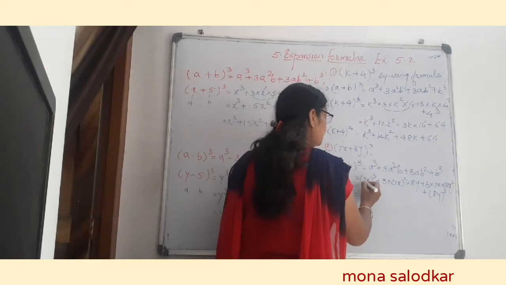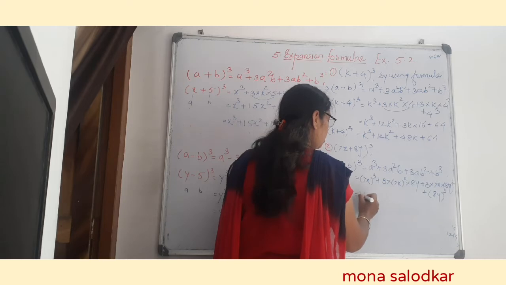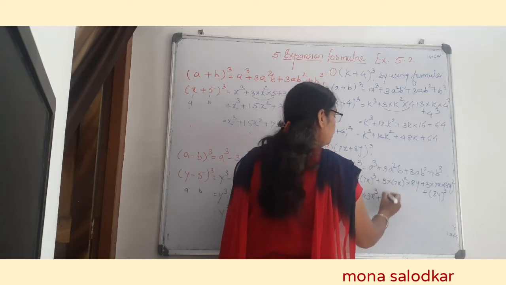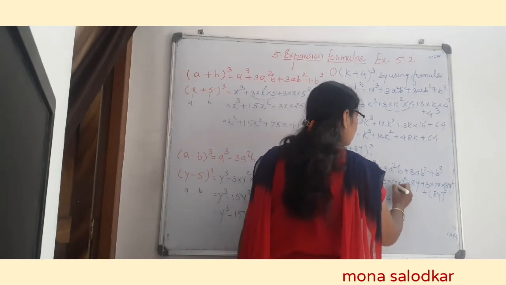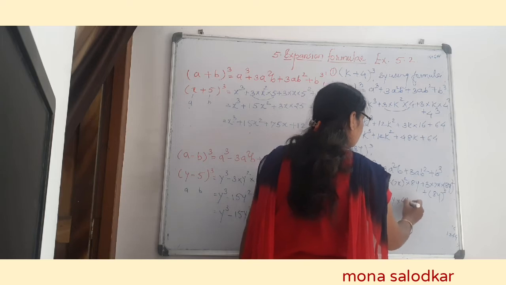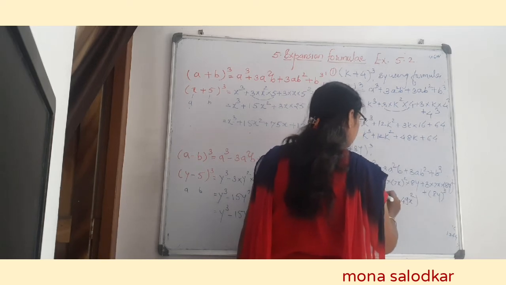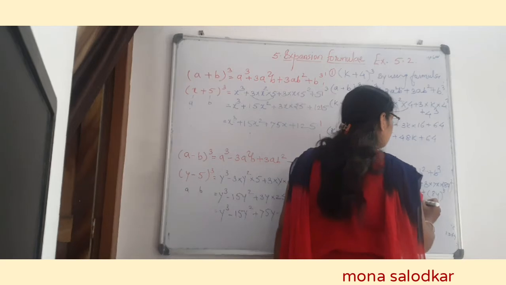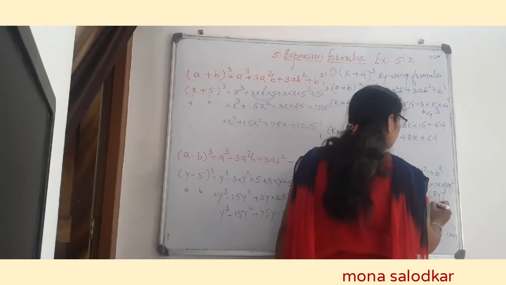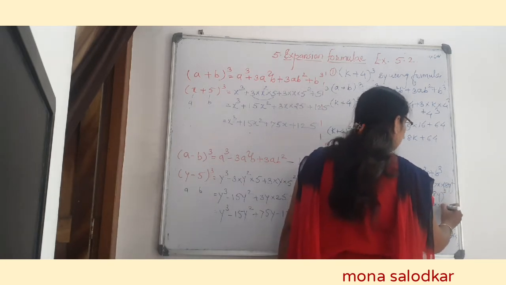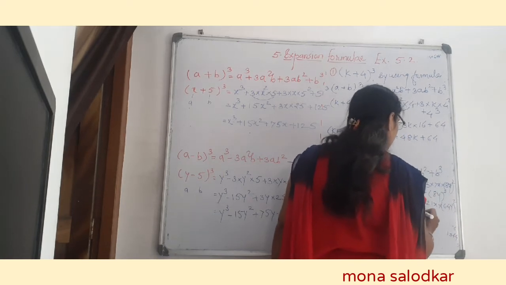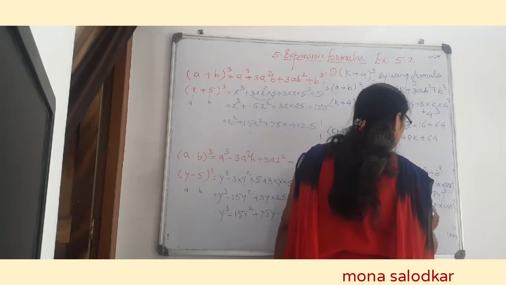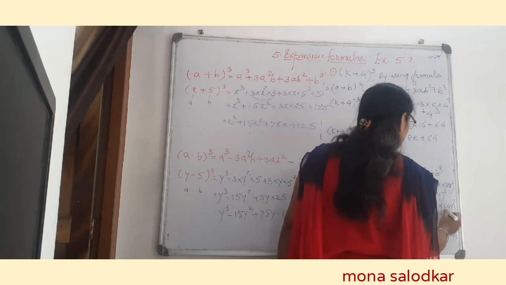Now open the brackets. Now 7 cube is 343. And what is x cube? x cube. Here 3 8s are 24y. And what is (7x) square? 49x square. It is your second bracket. Now third, 7 3s are 21x. (8y) square means 64y square. And what is (8y) cube? 512y cube.